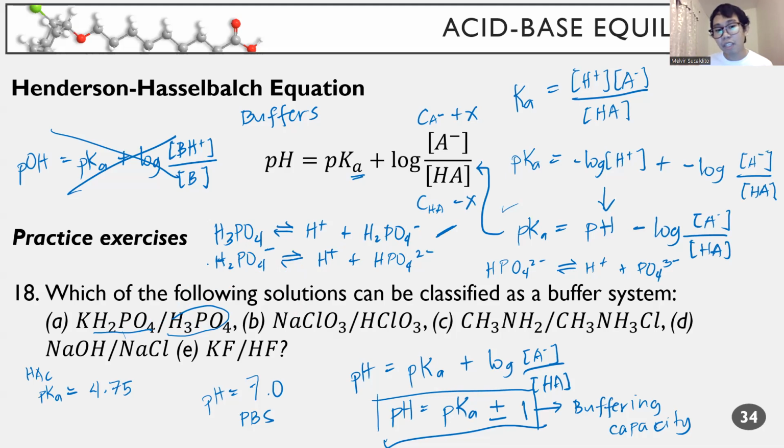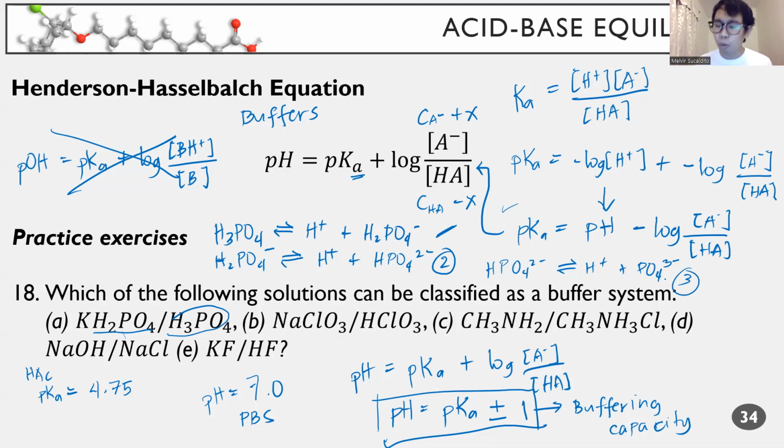Tsaka ito, meron kang significant amount ng phosphoric acid, meron ka ding significant amount ng biphosphate. So most likely, dito lang yan iikot. Less na yung magiging contribution. Although it still happens, definitely, the second dissociation and the third dissociation will still happen doon sa mixture natin.